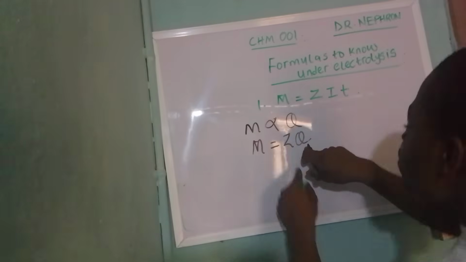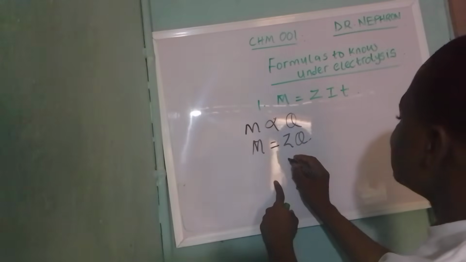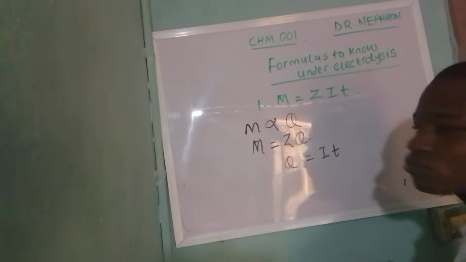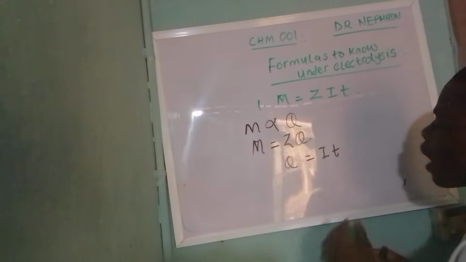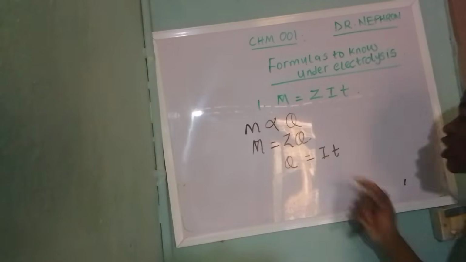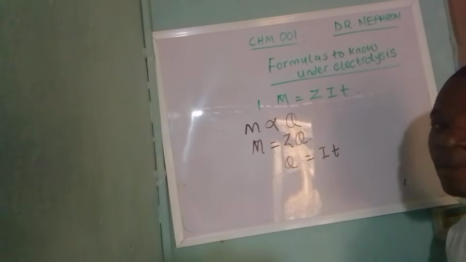But don't forget that the quantity of electricity is equal to current multiplied by time. So Q is equal to current multiplied by time.